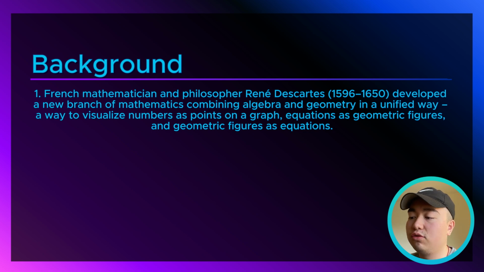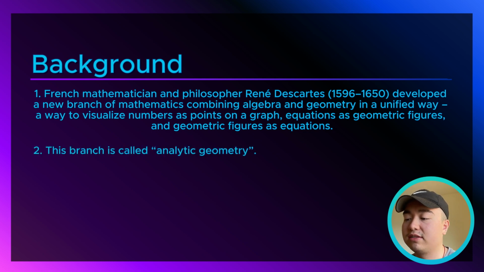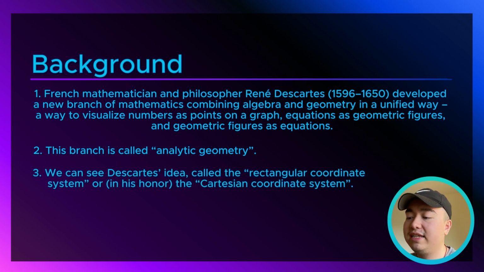A way to visualize numbers as points on a graph, equations as geometric figures, and geometric figures as equations. And so he developed this new branch of mathematics called analytic geometry. And we can see Descartes' idea called the rectangular coordinate system, or in his honor, the Cartesian coordinate system.